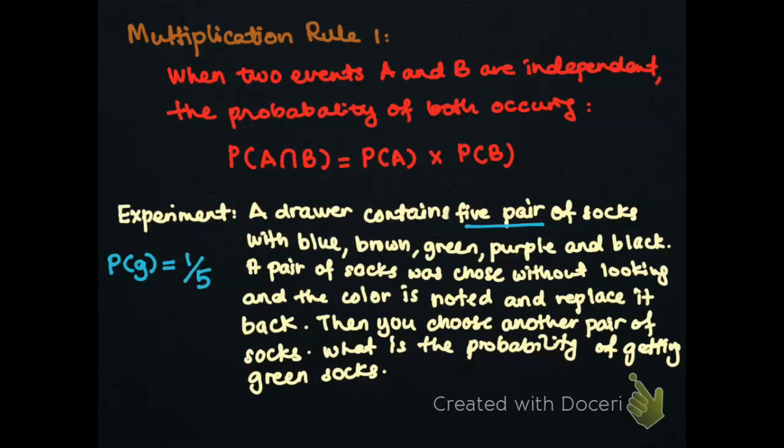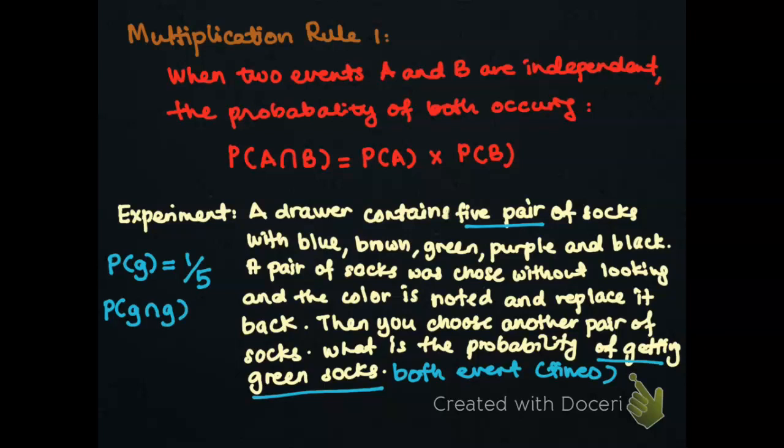So the event here is getting green socks on both times. Probability of getting green for the first time and another green for the second time will be, remember the multiplication rule for the independent event of A and B will be this.